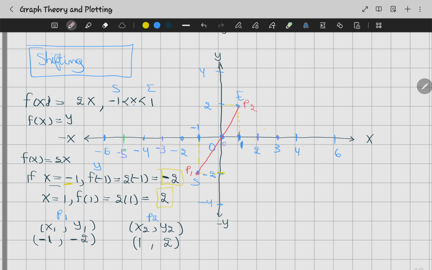Okay, and that's why we are able to represent them in terms of x and y. So this is going to be x2 and then y2. At this point, this is where we have y equal to 2. We can even do it graphically without calculation, and then here we got 1.